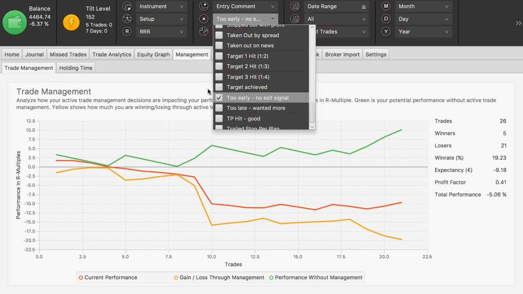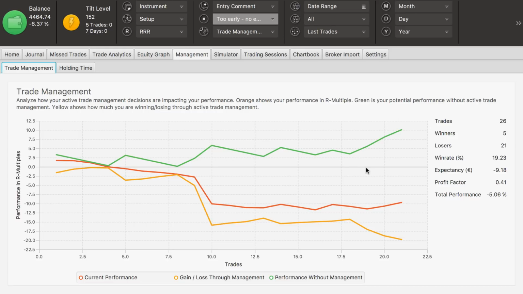"No exit signal too early." And here you can see this is also a huge difference. This graph, his current and actual performance, is here at minus 10, whereas without trade management he would have been at a plus 10. And again, that is a 20R difference. It can make the difference between a losing and a winning trader.